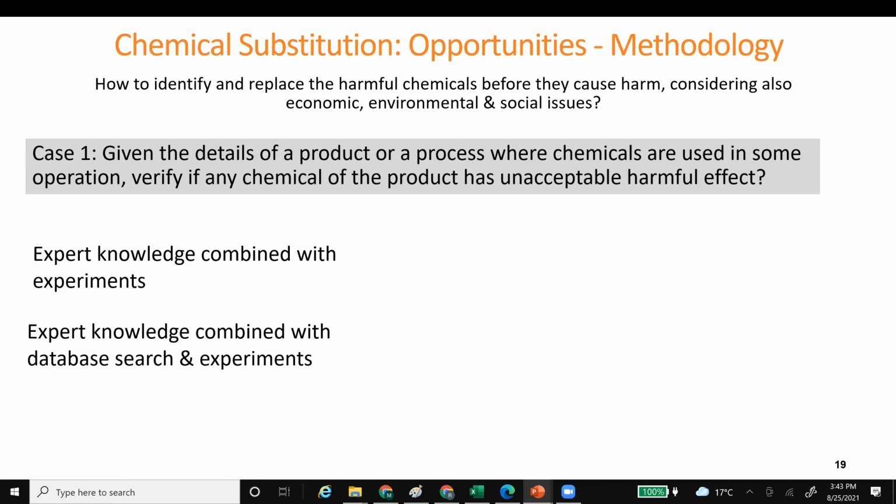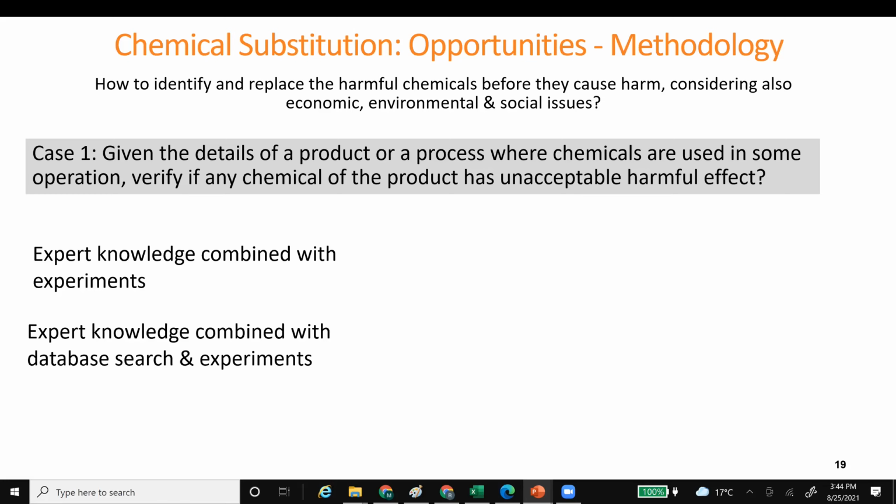So, of course, it can be expert knowledge combined with experiments, expert knowledge combined with database search experiments. Also, the method that Dr. Overcash had mentioned. I didn't know about his method before his lecture, so there is a third and many other options.